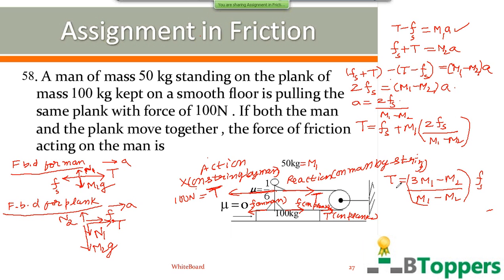So the maximum force that can be applied by the man so that the man and the plank can move together is T maximum equal to 3M1 minus M2 by M1 minus M2 into Fs maximum.